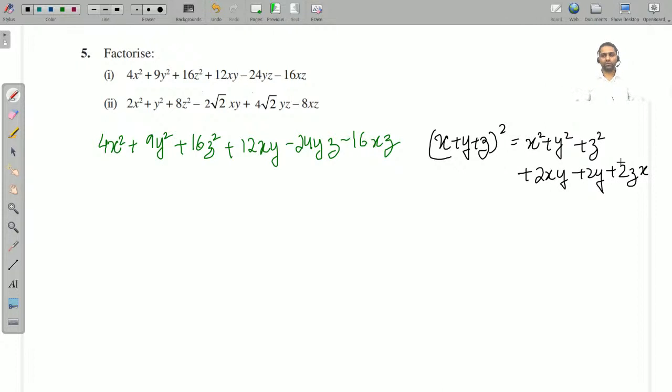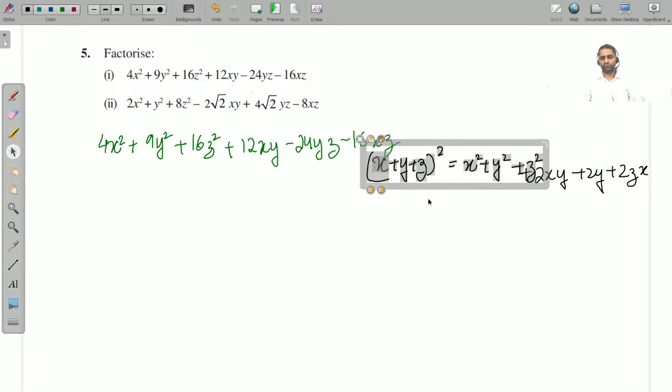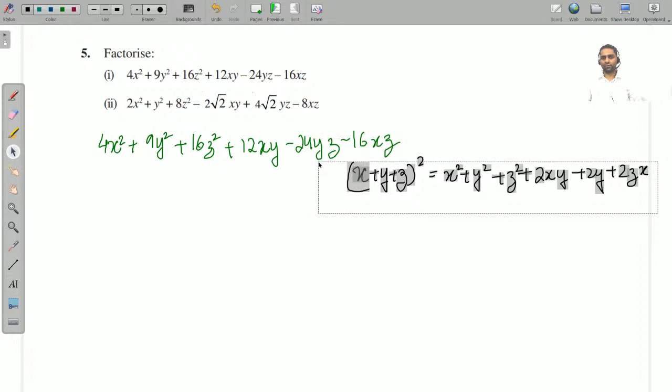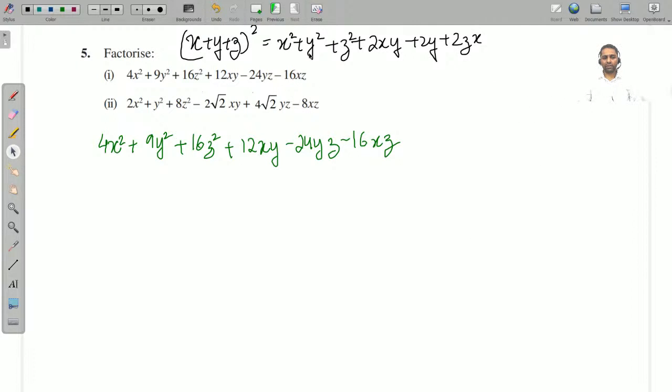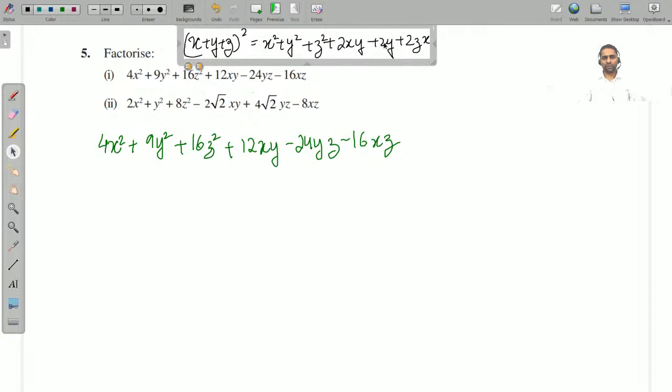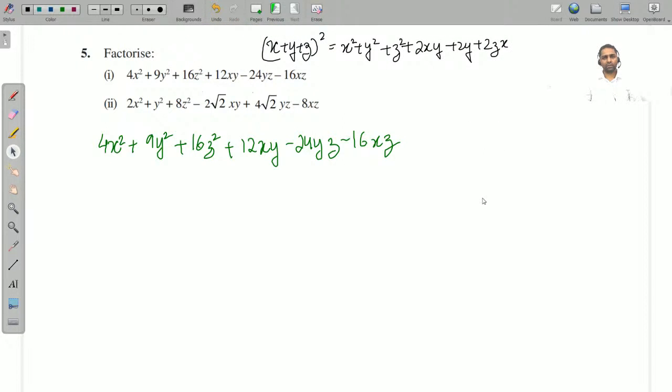It is of this form only. Now we have to identify what is x, y and z over here. So basically this is the entire formula. We just need to identify what are x, y and z over here.